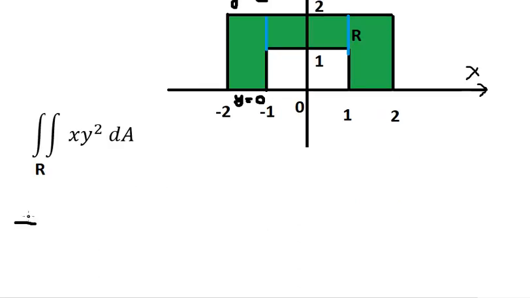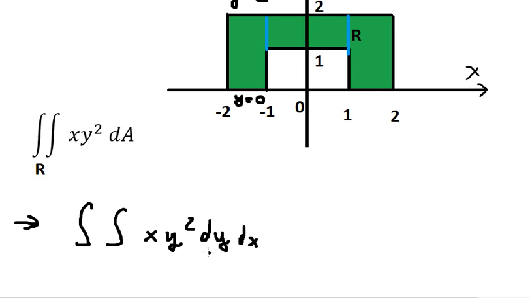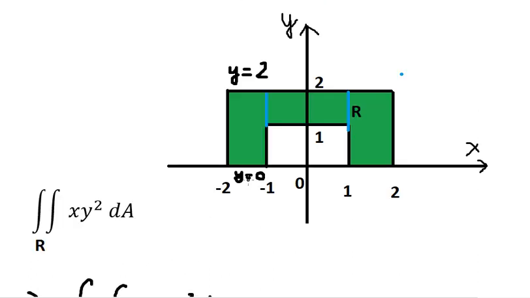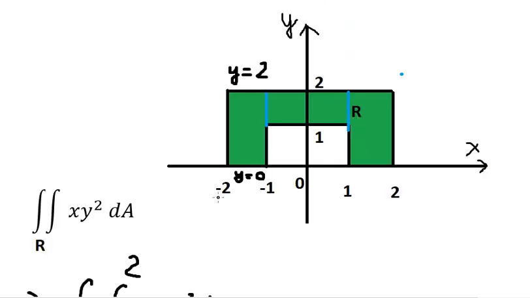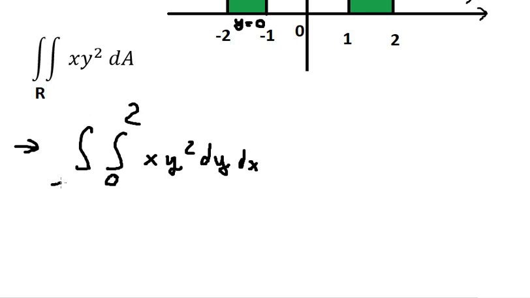So the first one, we will have dy dx. For dy, we have from 0 to 2, and for dx, from negative 2 to negative 1.